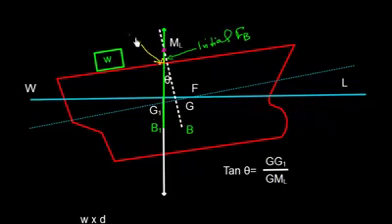This is the next or successive force of buoyancy. So the intersection of these in a longitudinal direction is longitudinal metacenter. So we have this relationship tan theta is equal to GG1 by GML.